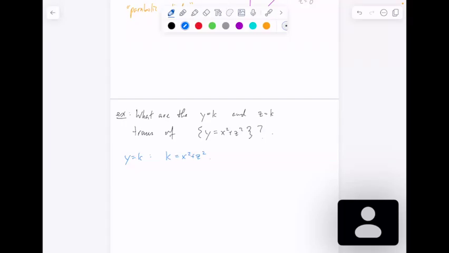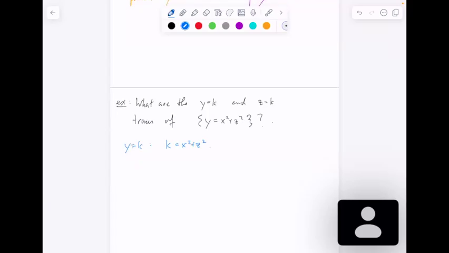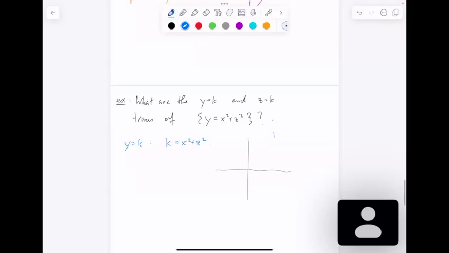So for positive k, what are these shadows? x squared plus z squared is equal to k. These are circles, and when k is negative, they're nothing, right? So when k is positive, this is going to be a circle of radius root k in a plane that's parallel to xz.